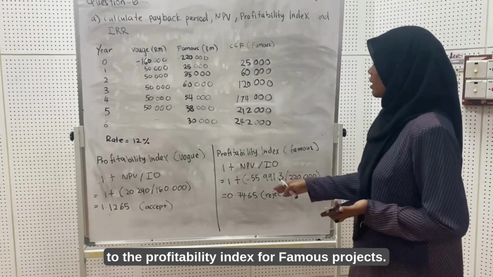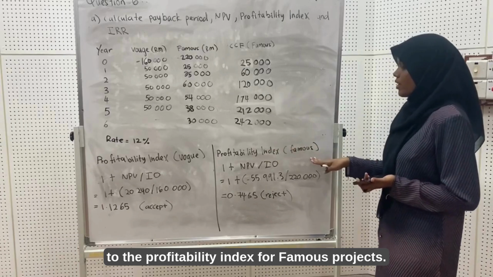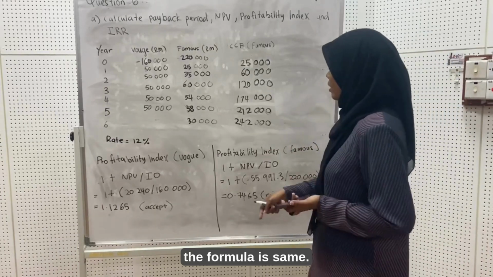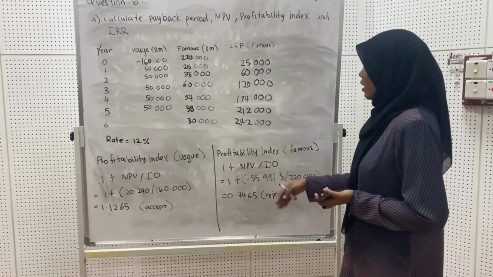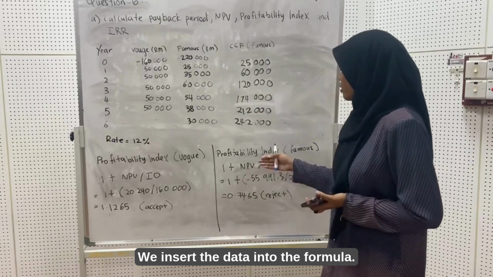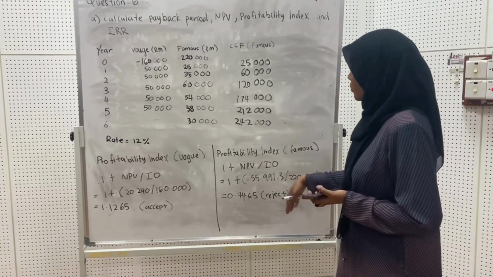So move to the profitability index for the famous project. The formula is the same. So we insert the data into the formula.